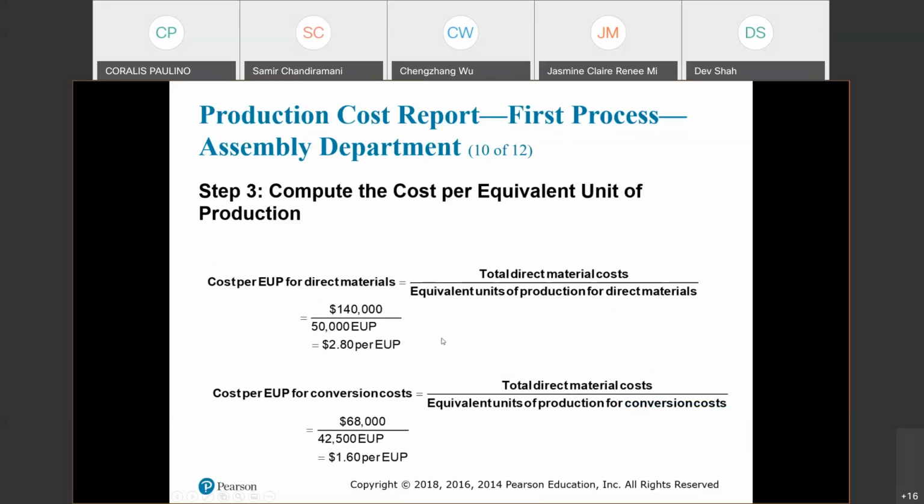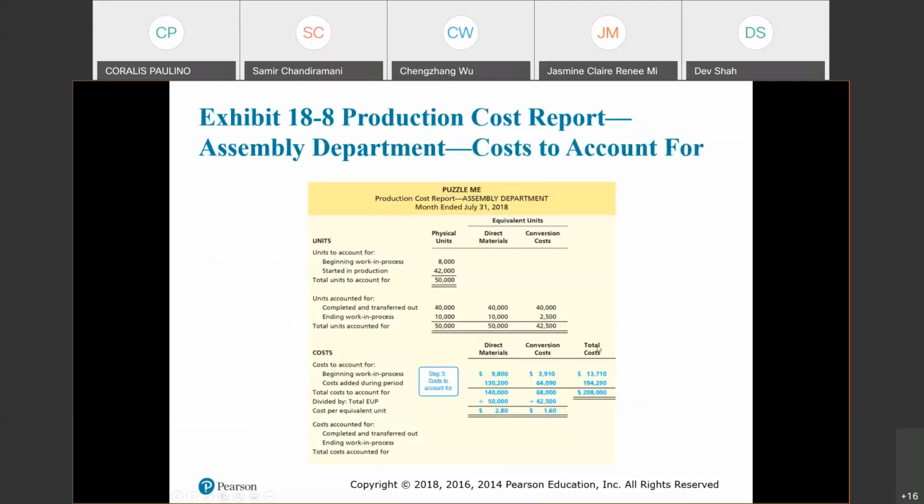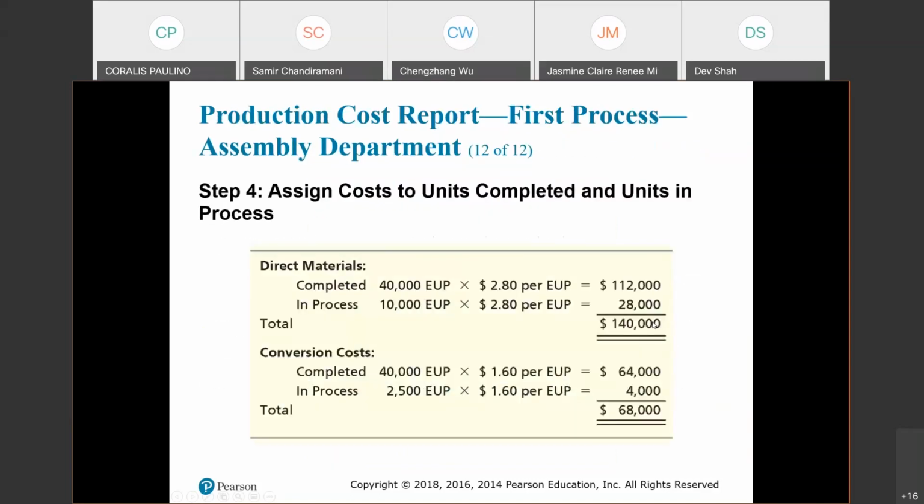So in the third step, we know the unit cost for either direct materials or conversion costs, which were $2.80 and $1.60 respectively.